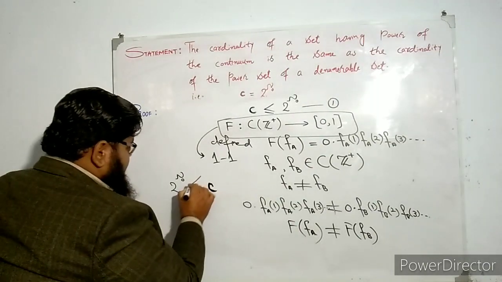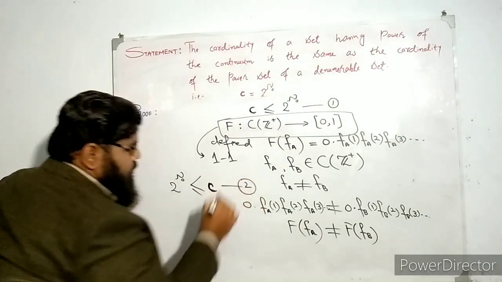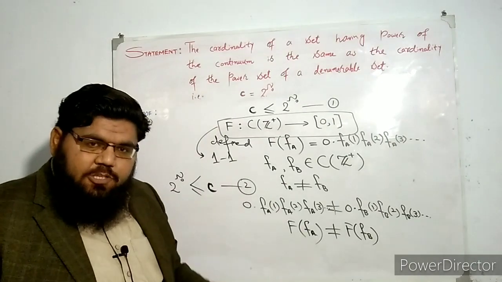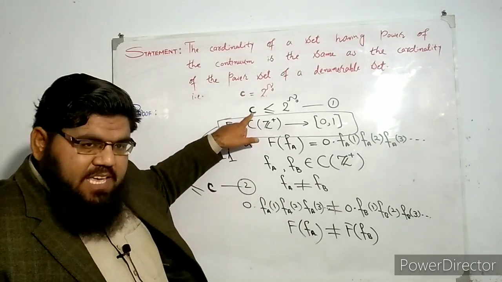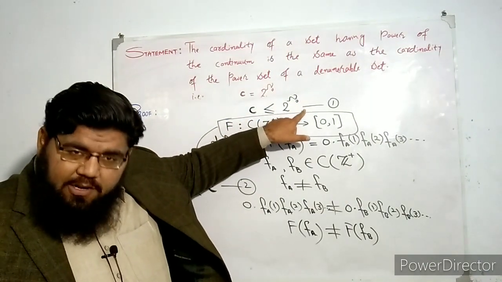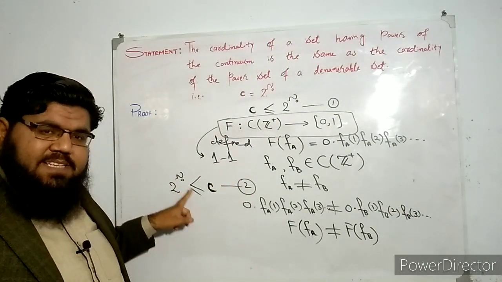So we have this relation, and I call this inequality number 2. In the first part of the theorem we have proved that c is less than or equal to 2 to the power alpha naught, and now we have proved that 2 to the power alpha naught is less than or equal to c.